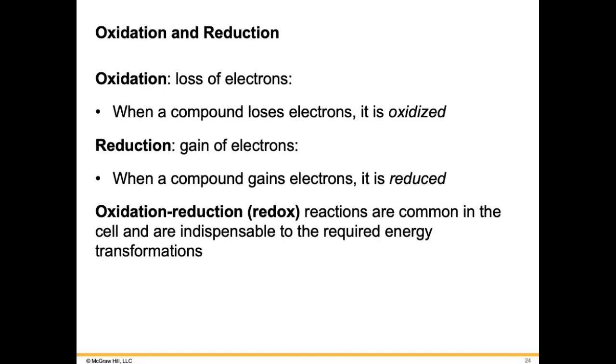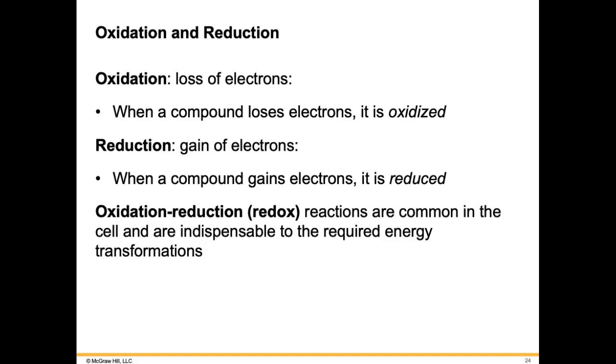All right, so redox reactions, oxidation and reduction. Oxidation is the loss of an electron, and I want to point out that an electron has a negative charge. So when we talk about the loss of negatives, you have to think of that as becoming more positive.